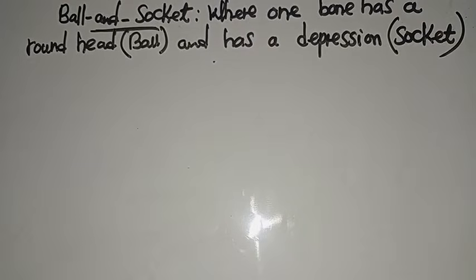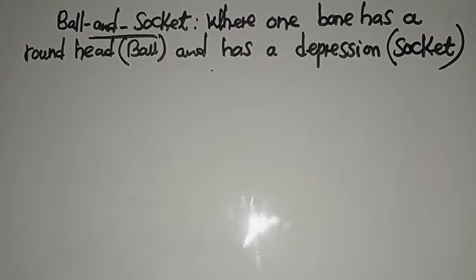We've got hip joints, shoulder joints. So you discover that these shoulders, have you seen the bones that are here? So these are examples. Hip joints here. So this is what I mean.